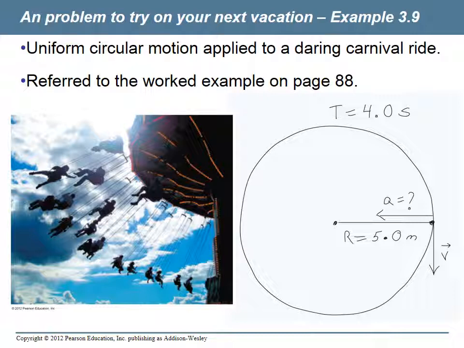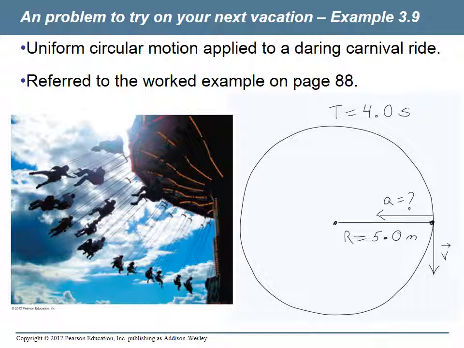The distance divided by the time is its velocity: 10 pi divided by 4 seconds, so 2.5 pi meters per second is our velocity.